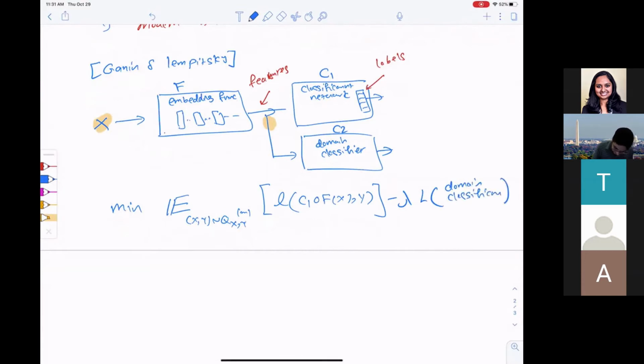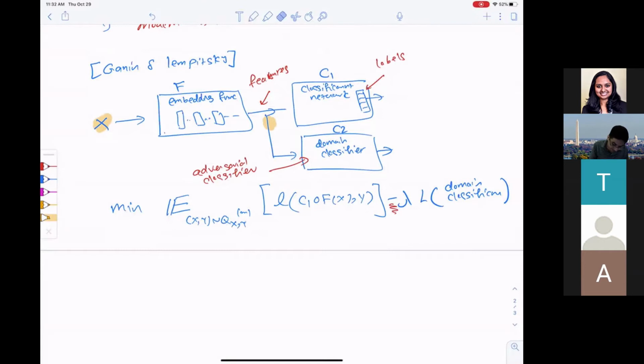C2 tries to maximize the domain classification, so this is acting like an adversarial classifier to see if it can distinguish between your source versus your target samples by just looking at the feature embeddings. That's why we have a negative here.